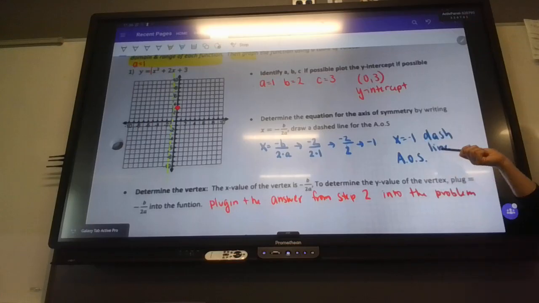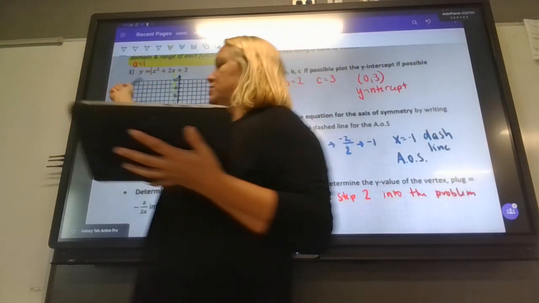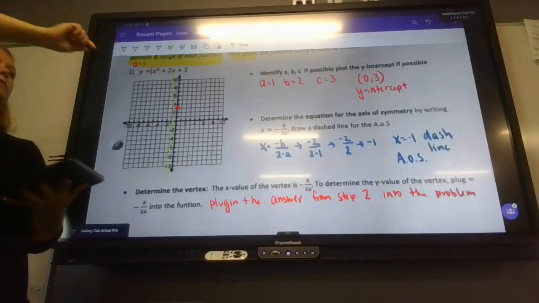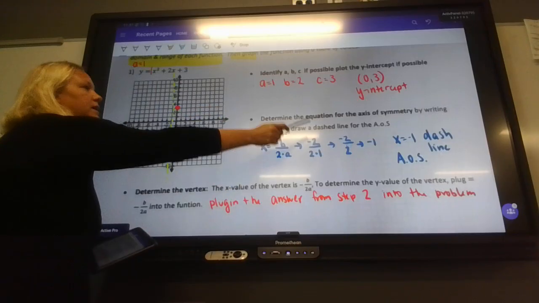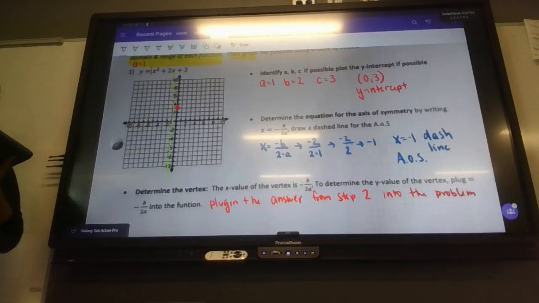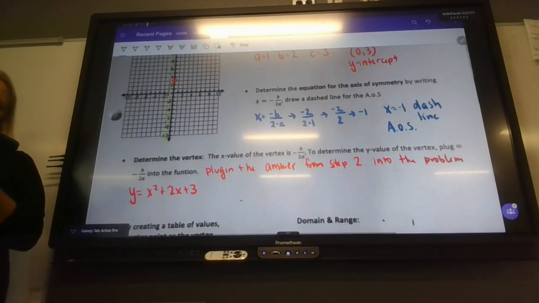So the answer that you just got, that negative 1, we're putting it into the actual y equals equation. We're going to put it into these x's, and that's going to tell us y. So you plug in that answer to the problem. Our equation is x squared plus 2x plus 3. So we're going to put a negative 1 in there.